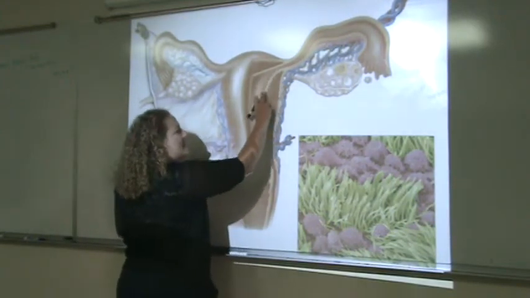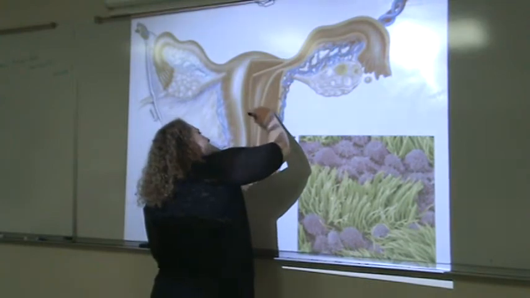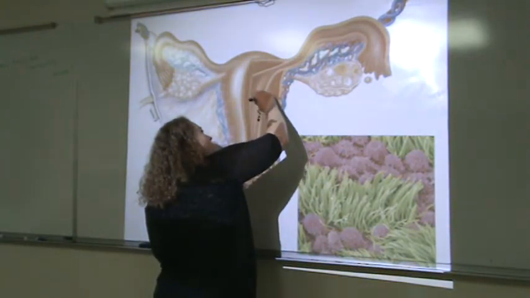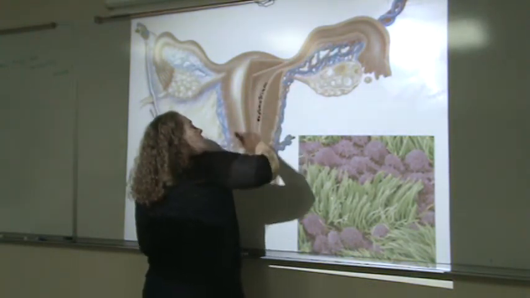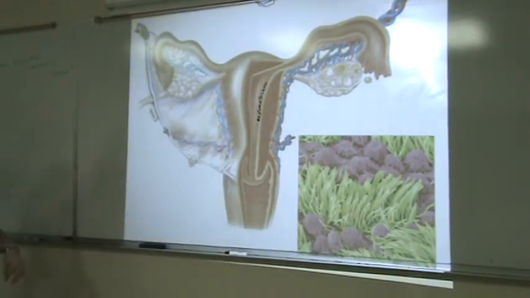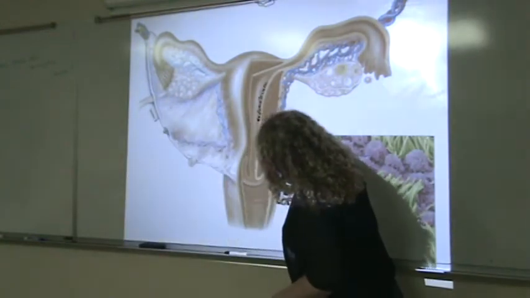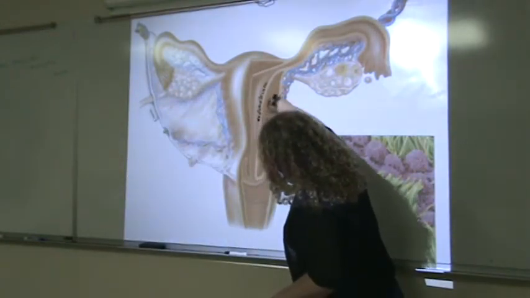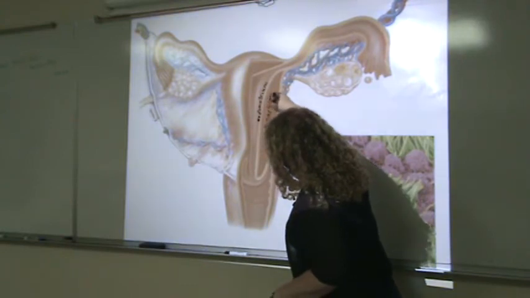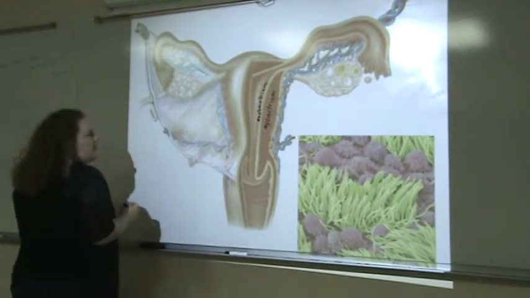But this layer right here in the lighter color, that is endometrium. Endometrium, that's the lining that gets shed every month during menstruation. And the muscular part is myo, for muscle, myometrium. Myometrium.